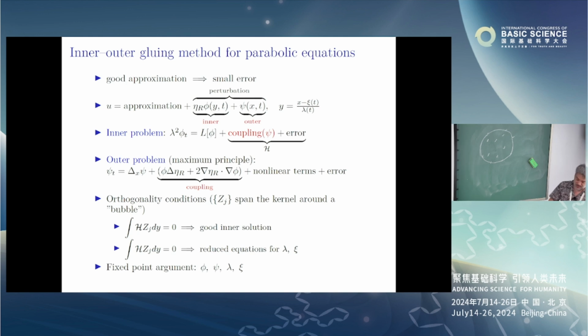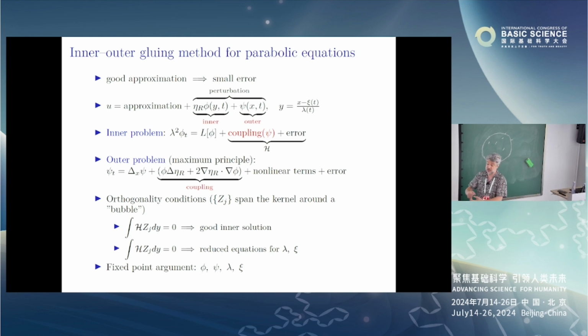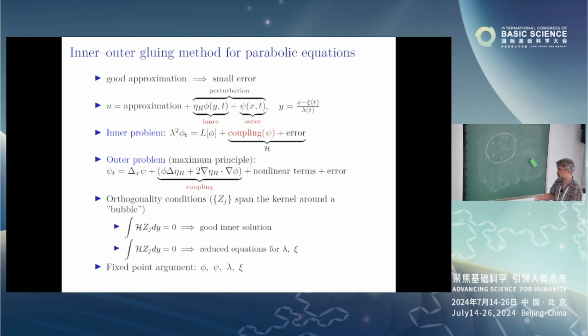So basically, it's a parabolic version of the geometric gluing that has been done for several years and very much refined in the elliptic case, except in a parabolic setting. It's pretty technical, but the strategy is very similar to what you would do in the stationary case.